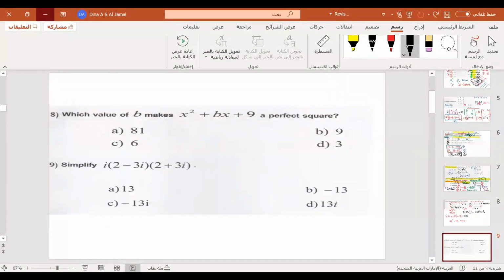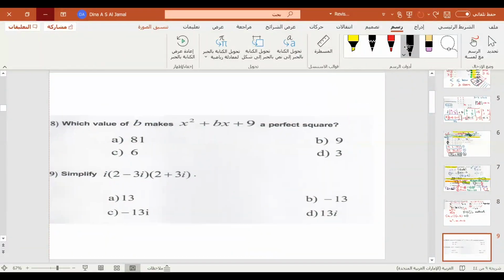Let's go to this question. And now let's pay attention to question 8. What would he like you to do? Which value of B? Pay attention, your B is not the last value as you are used to. Your B is the coefficient of X, which makes a perfect square.